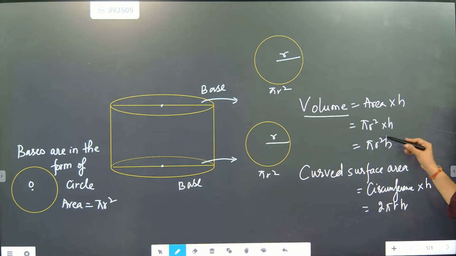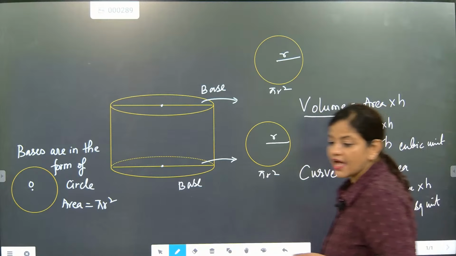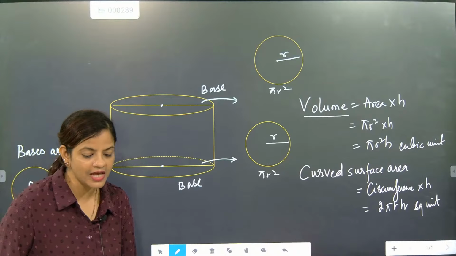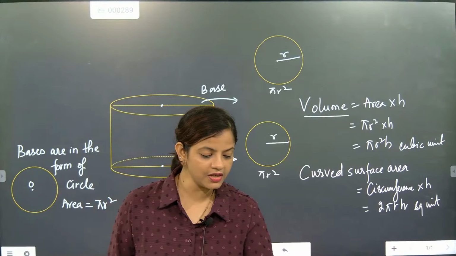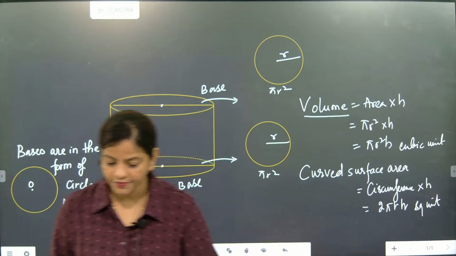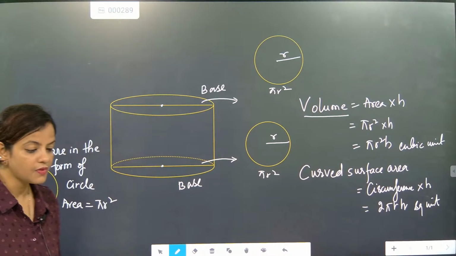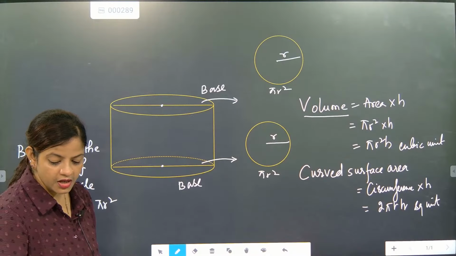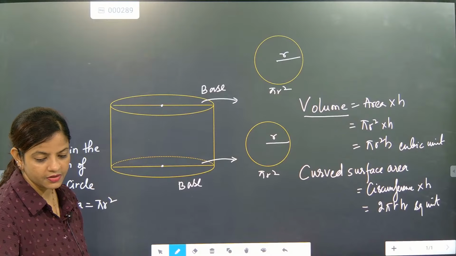So this is cubic unit and this is square unit. One is having cubic unit, another one is having square unit. That's the difference.